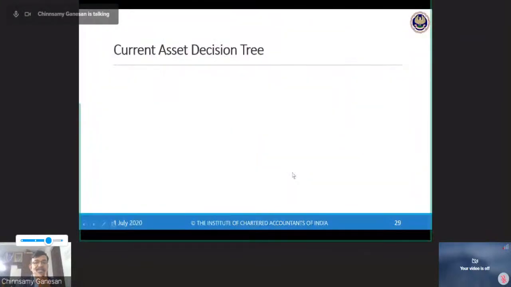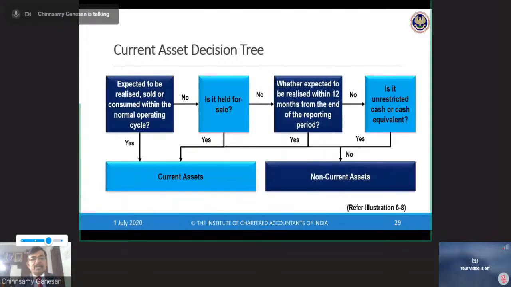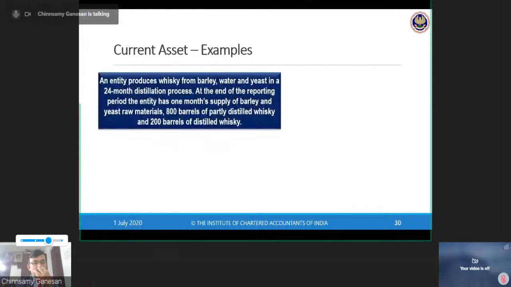Okay, we have seen the decision tree and we have understood current asset, and a lot of examples which we can talk about. In this case, we are talking about an entity which is producing whiskey, right? Normally, the inventory itself will take a lot of time. 24 months is the distillation period.